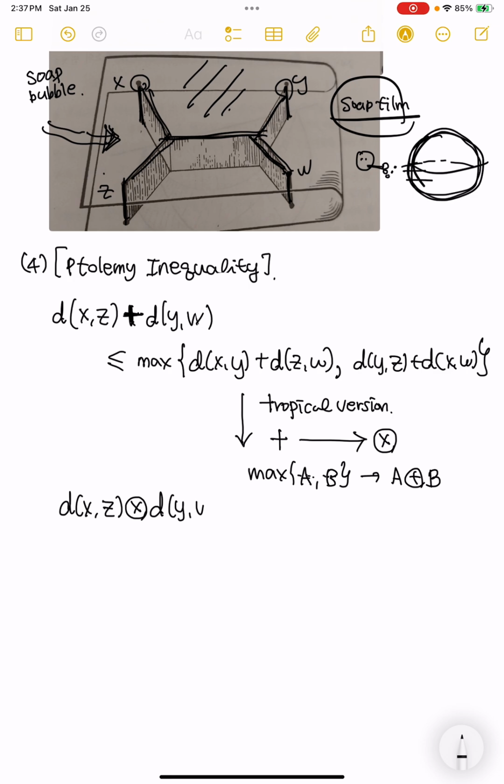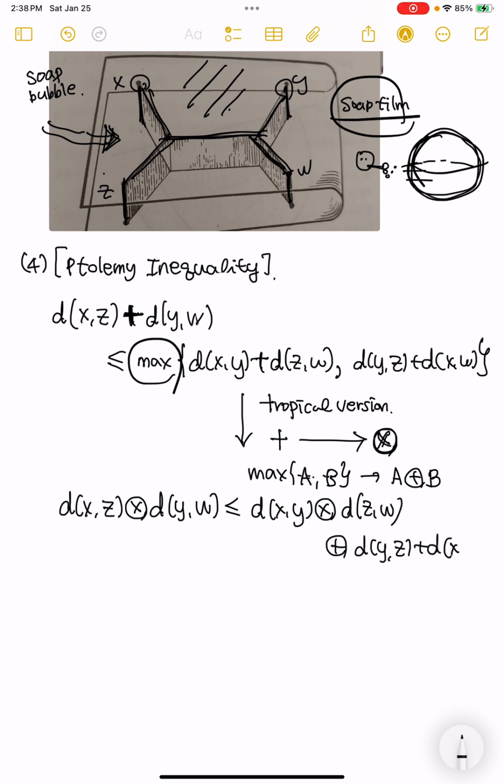So if we change this four-point equation, the left side is like this, and the right part is changed: that is tropical multiplication, and the maximum is tropical sum.